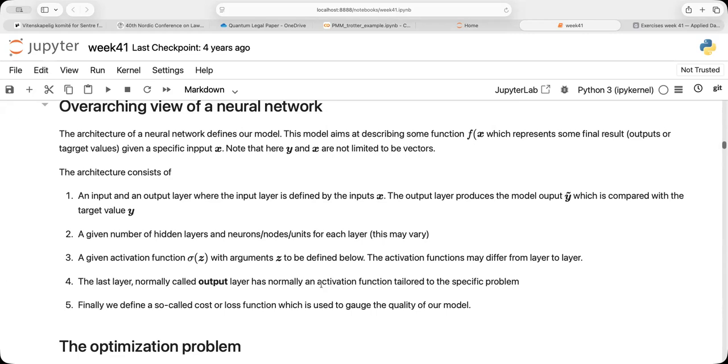So the activation function of the output layer may not be the same as that of all the hidden layers. It's common to have the same activation function for all the hidden layers, because else it's easy to get lost and not see the wood for the trees because you have too many parameters. But the output layer is tailored to the output.